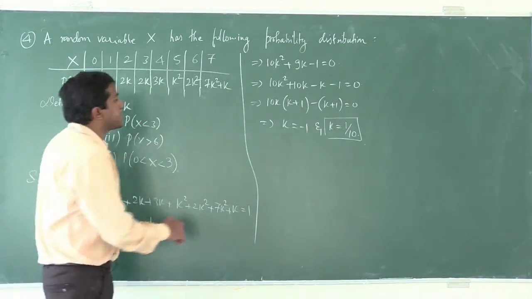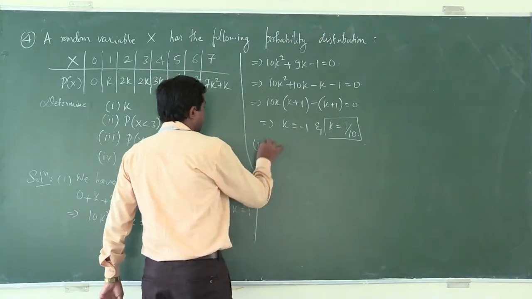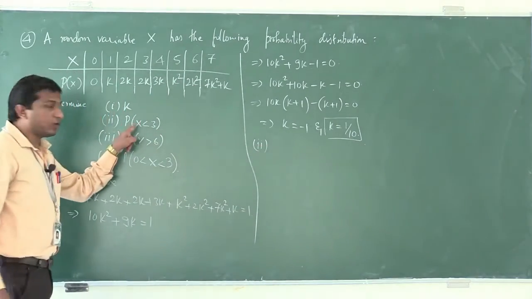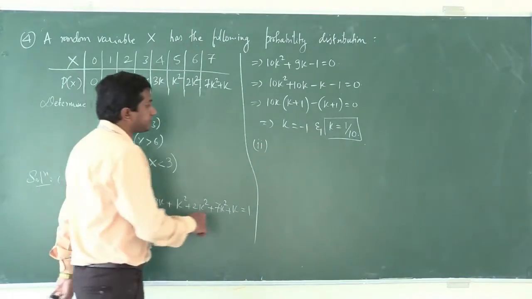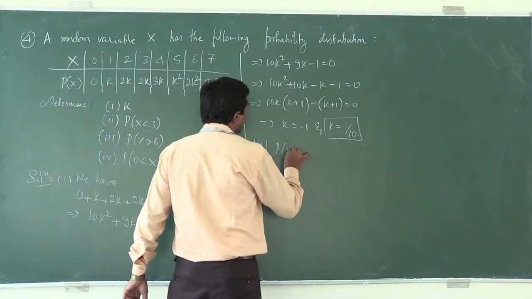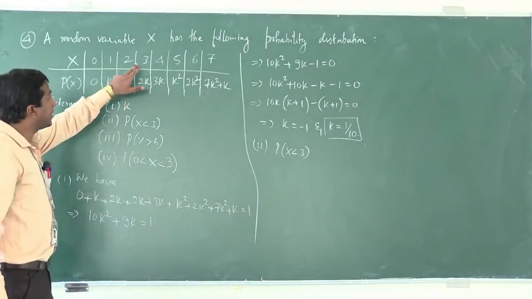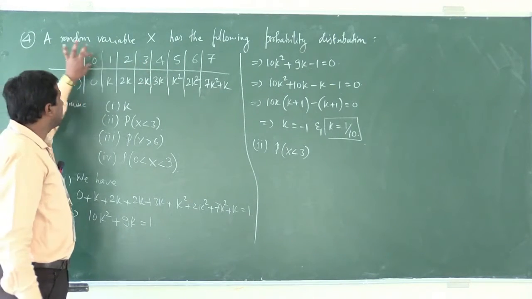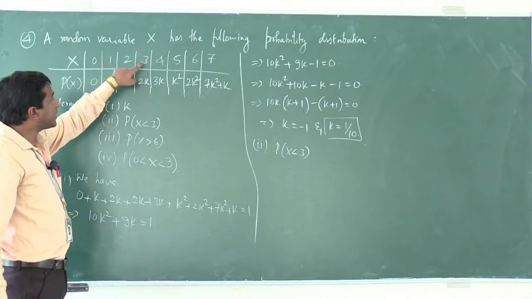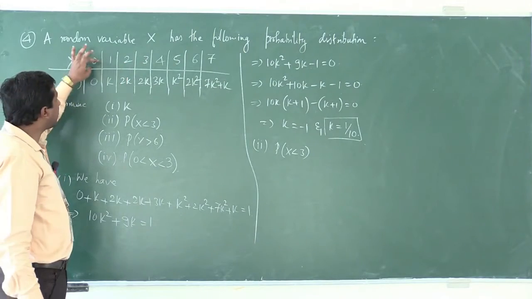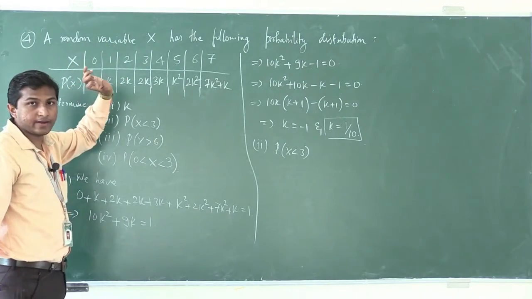Moving on, second sub question, we are asked to find p of x less than 3. So which are the values of x less than 3? Look in the first row, values of x less than 3 are 0, 1 and 2.